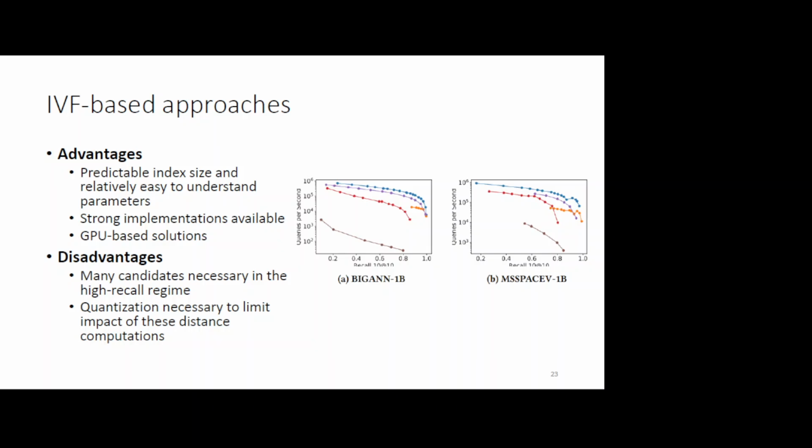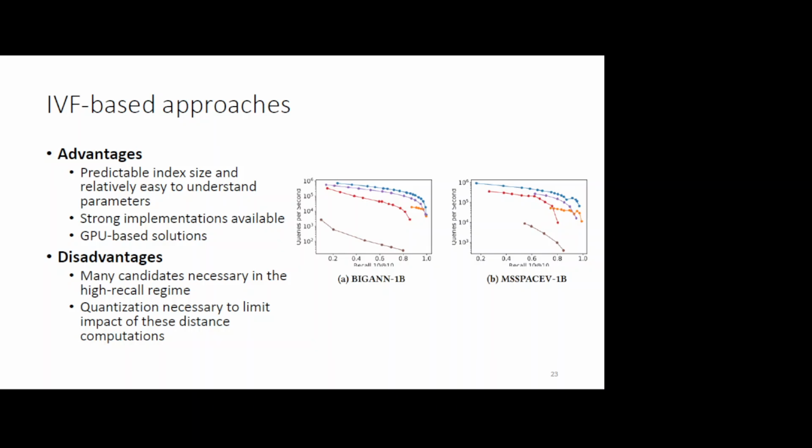Alright, so to choose the IVF-based approach, the advantages for this method: it's easy to predict your index size and easy to understand the parameters. The only parameter you have to choose is the number of clusters, right? You just determine how many clusters you want to build your inverted files.